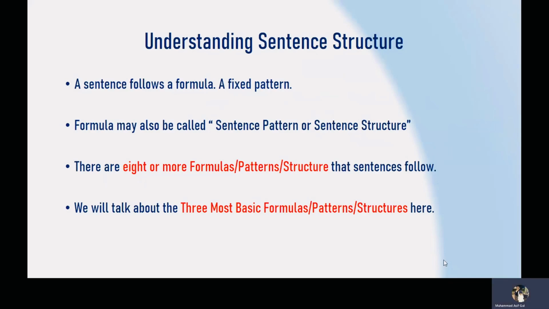And in English language, we have around 8 different formulas or patterns or structures that sentences follow. So it means that we have a total of 8 different sentence structures in English language.